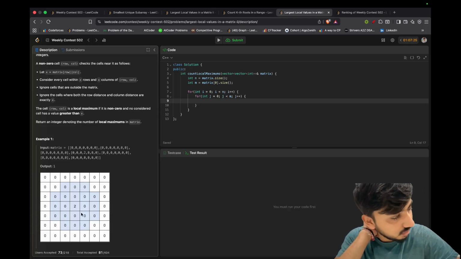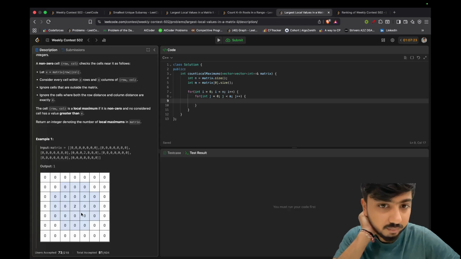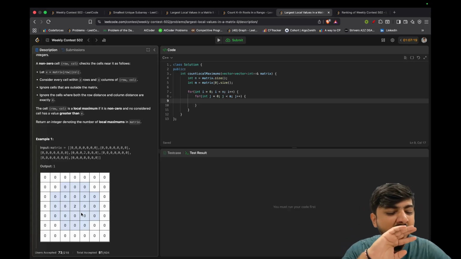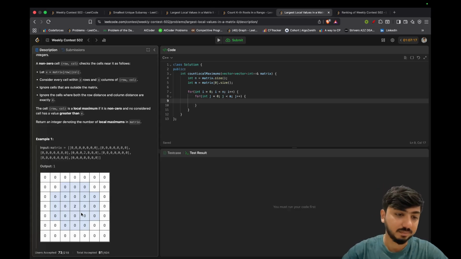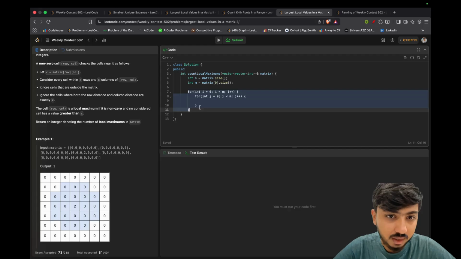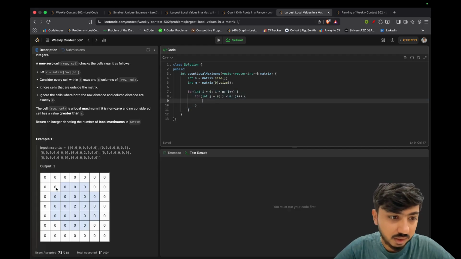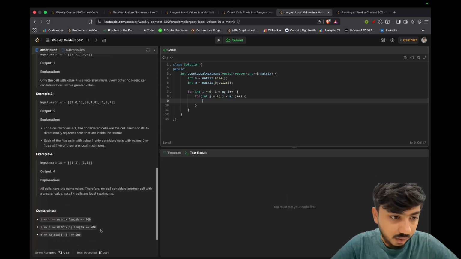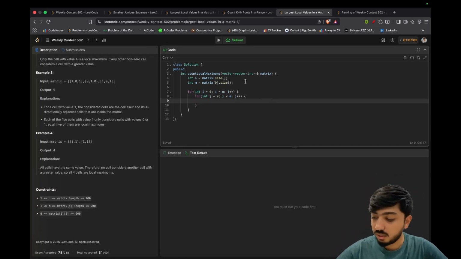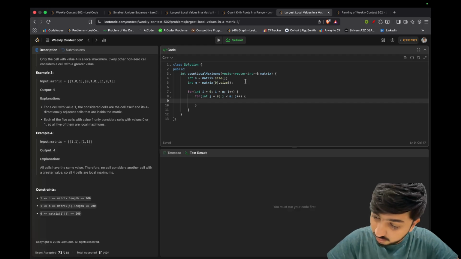So brute force won't work here, right? Because if you look carefully, it is n square, and again we need n square. I iterate from here to here. N to the power 4, and n is this, 200 to the power 4.